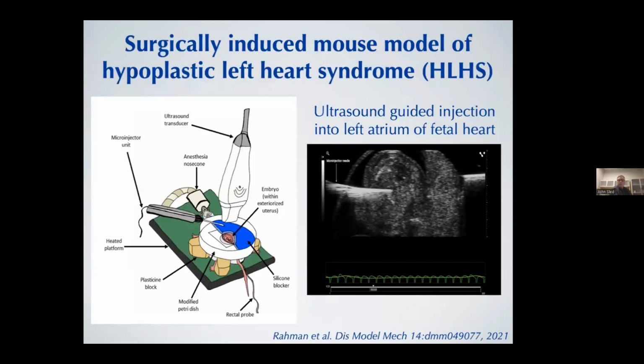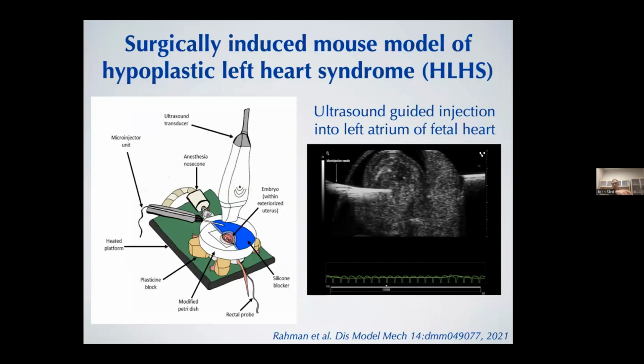Okay, so I just want to describe one other model that we've been looking at to try and explore this space, and that's a model of congenital heart disease. Arguably those others could be thought of as models of placental disease. Here we're trying to create a mouse model where the supply is normal, so the placenta is normal, but the ability of the fetal heart to distribute that oxygenated blood to the right places is impaired.